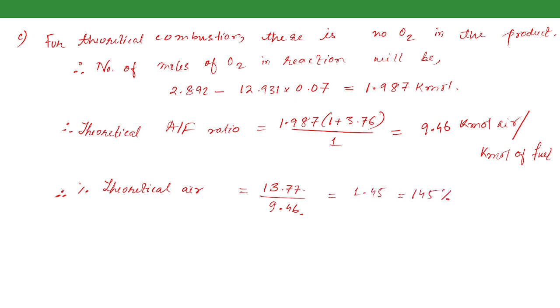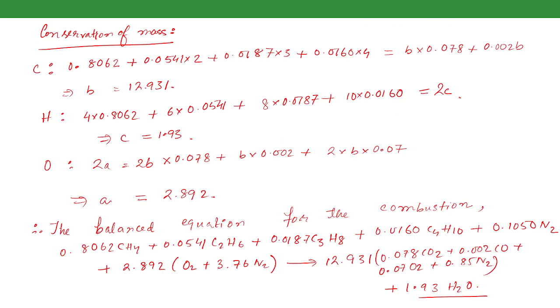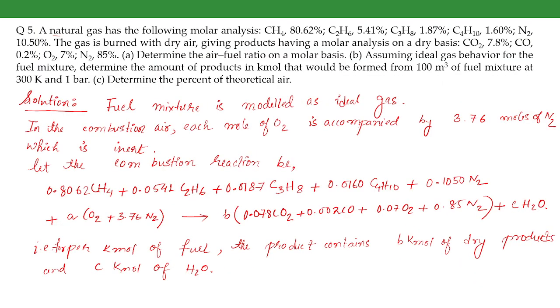So 145% of the theoretical air was actually being utilized in the combustion process here. That is 45% excess air is being used. And this 45% excess air comes as this one, oxygen 7% in the analysis.